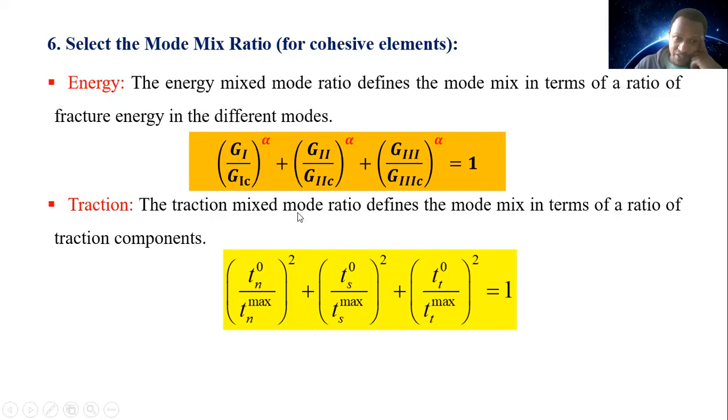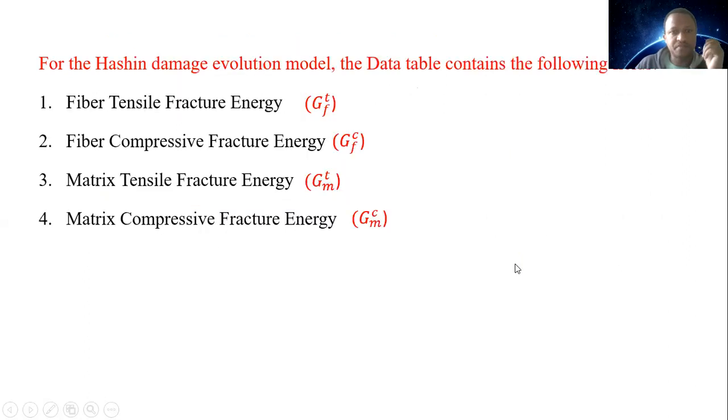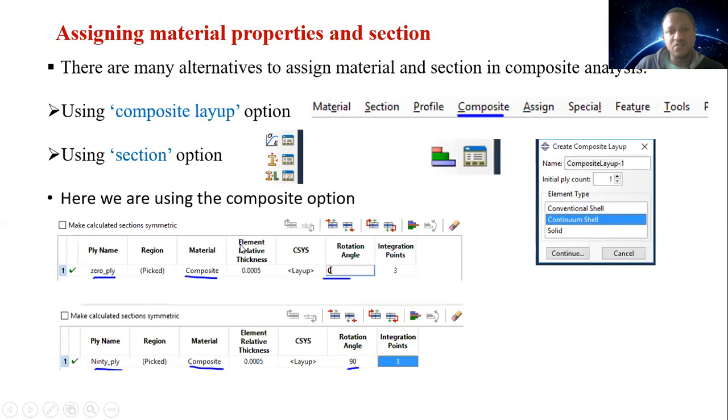And if it is traction type, then the traction mode mix ratio is used. For the Hashin damage evolution model, the data table contains the fracture energies GFT, GFC, GMT, GMC, which are what we have already introduced. We have already assigned the material properties and the sections, as we have seen.